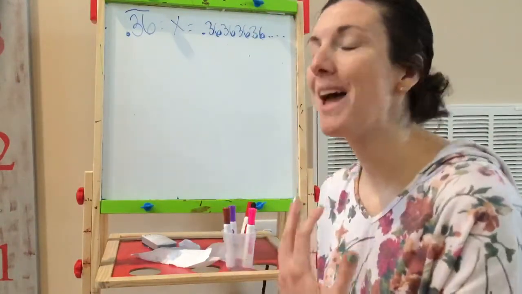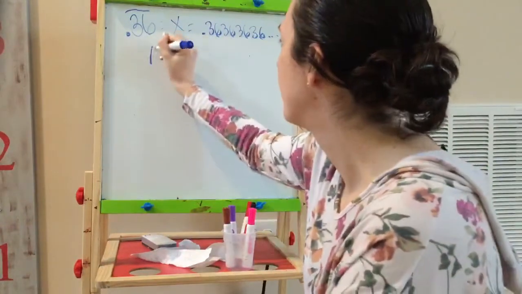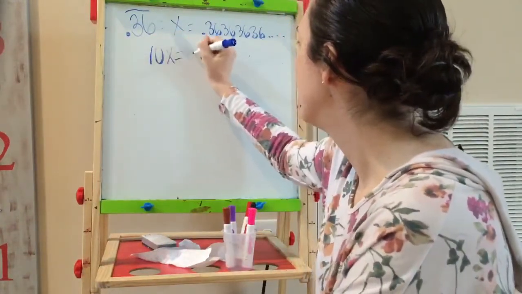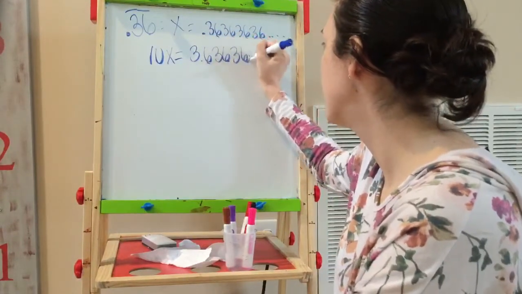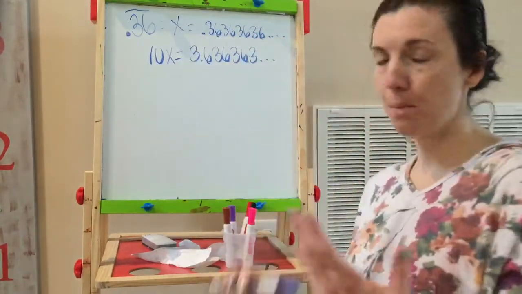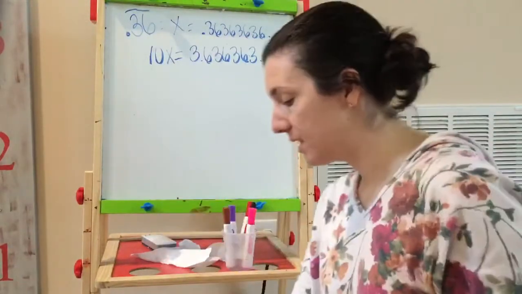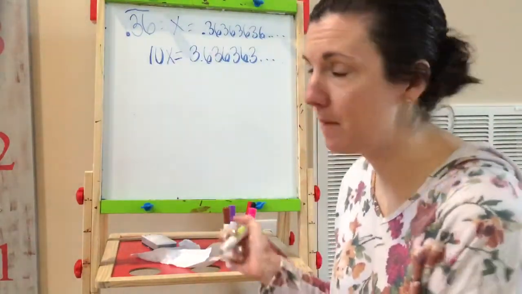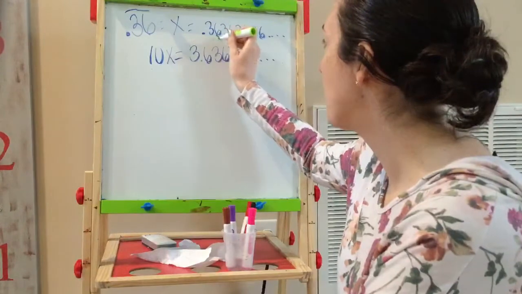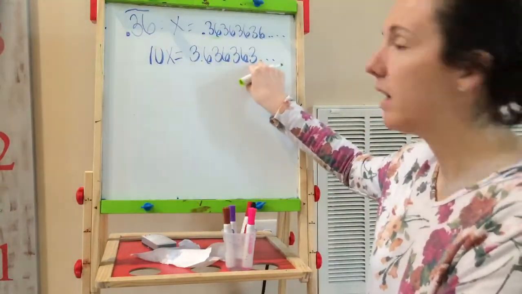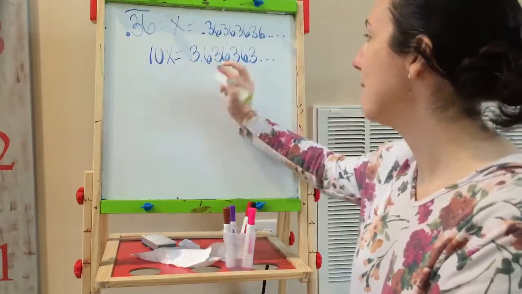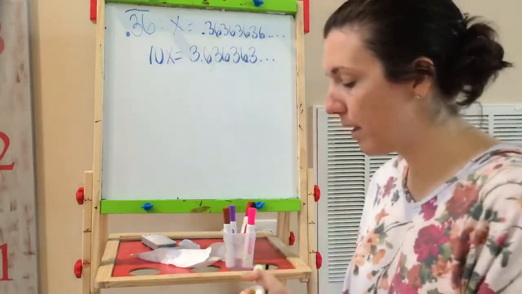If I only multiply it by 10, 10x is 3.63663, and so on. And the problem with that, if you look at this, you want the part after the decimal to be the same. So this one starts with 0.36, and 10x is 3.63. So in order to have the same thing, I need to get that decimal one more place over.